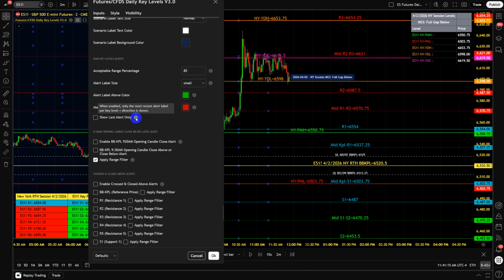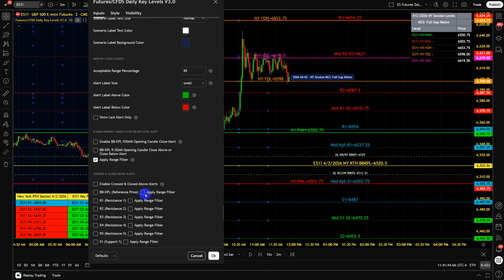Now, if you don't have the show last alert only turned on, then you're going to see all the alerts as they happen. And what that primarily means is you're going to see every alert, like for example, if you turned on the BBKPL alert, the continuous alert down here, not the 931, for the rest of the session.